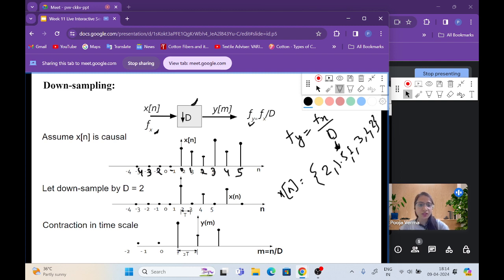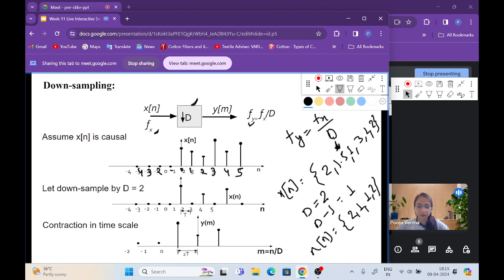So how will we downsample this sequence? It is given that we have to downsample by a factor of 2. For downsampling, we just need to remove D minus 1 samples from the sequence. Here D is 2, so 2 minus 1, that is 1 sample, is removed, and we get the downsampled sequence 2, 1, 1 and 2.